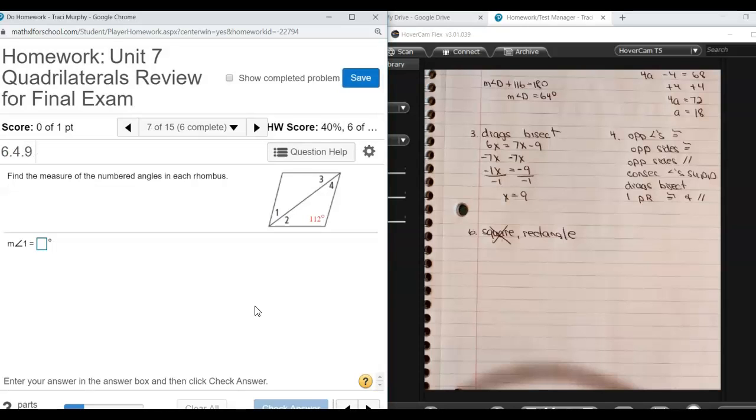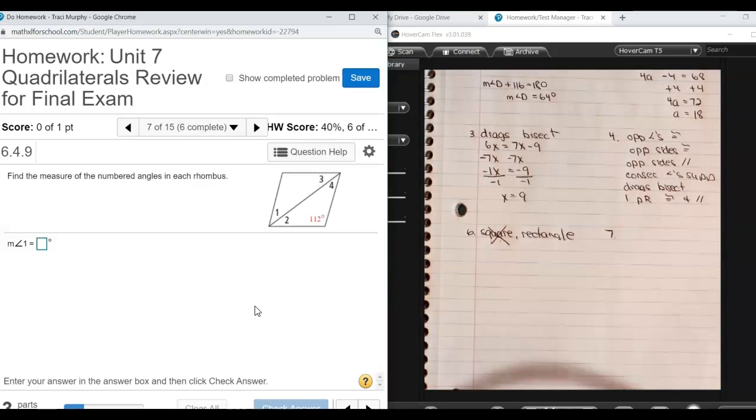Okay, question number 7. This is a rhombus. And if you remember in a rhombus, this line right down the middle, I'm going to see if I can annotate on here. This line right down the middle makes it such that these triangles are congruent.